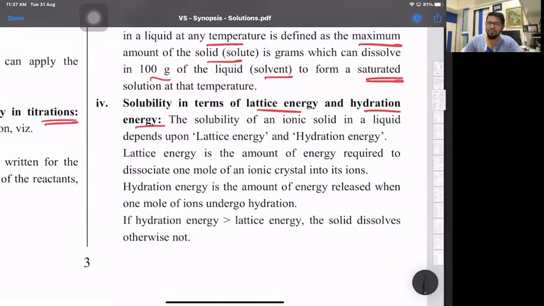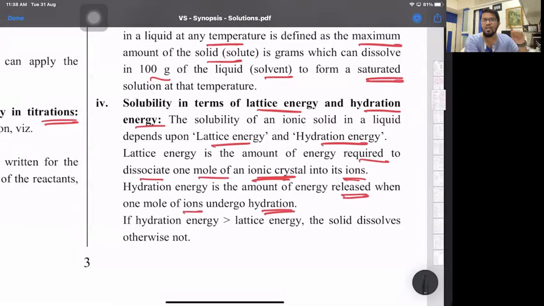So solubility can be expressed in terms of lattice and hydration energy. Lattice energy is the energy required to dissociate 1 mole of ionic crystal into its ions. So it is the energy supplied to break the force of attraction between the cations and anions in an ionic solute. And hydration energy is the energy released when 1 mole of ions undergo hydration.